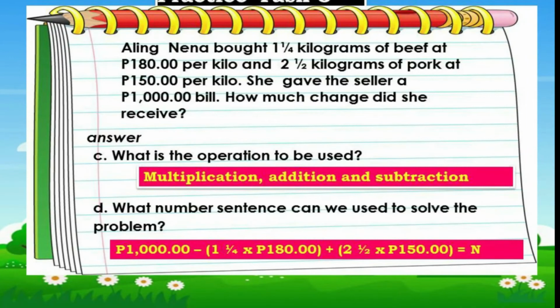For what is the operation? The answers are multiplication, addition, and subtraction. For what number sentence can we use to solve the problem? 1,000 pesos minus 1¼ multiplied by 180 pesos plus 2½ multiplied by 150 pesos equals n.